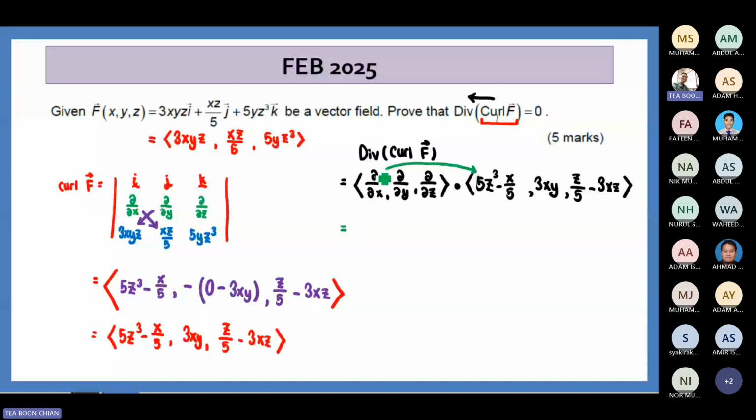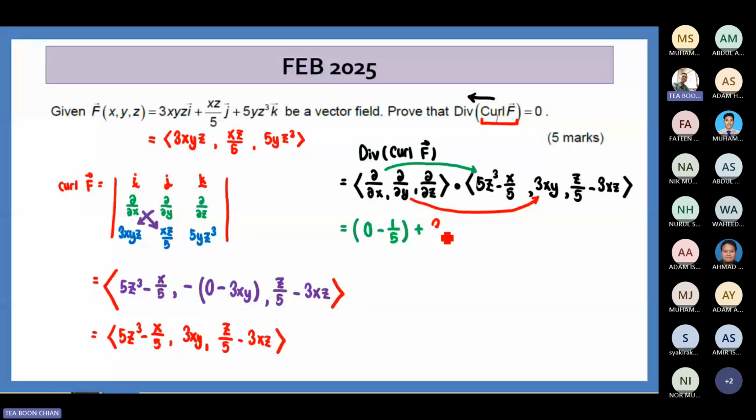First component, differentiate 5z to the power 3 minus x over 5 with respect to x. 5z to the power 3 with respect to x is 0, minus x over 5 with respect to x is 1 over 5. Plus, next in red color, differentiate 3xy with respect to y, 3x.